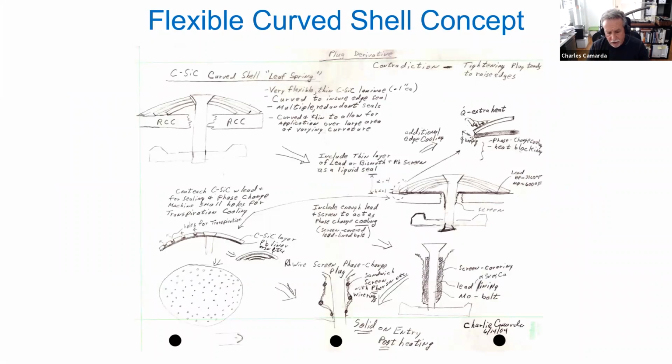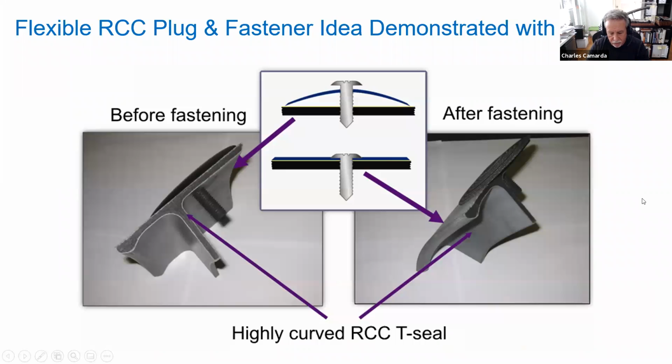You go through this creative concept development phase, where you're basically exploring all different creative ideas. You sketch those ideas up as you see here for one of our solutions. And our solution for a plug was basically to develop a carbon-carbon flexible doubly curved shell.